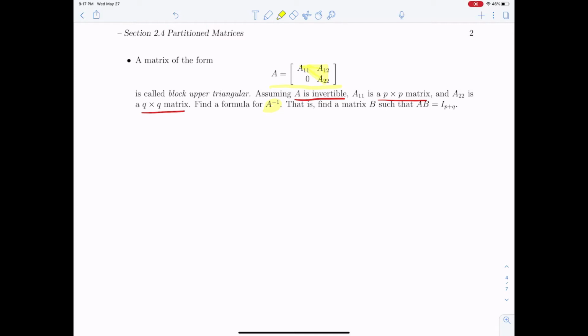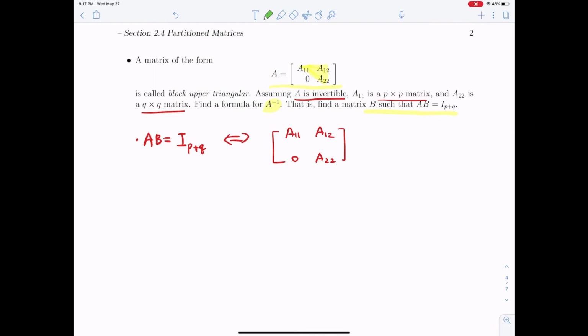So let's find the matrix B such that AB equals I sub P plus Q, the identity matrix of size P plus Q. We have A equals A11, A12, 0, A22.